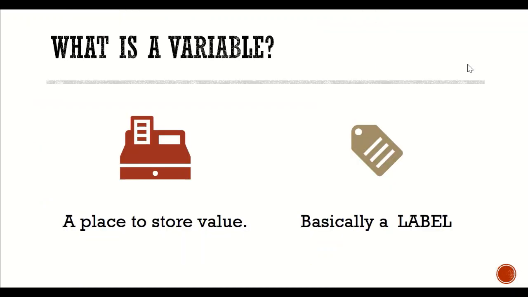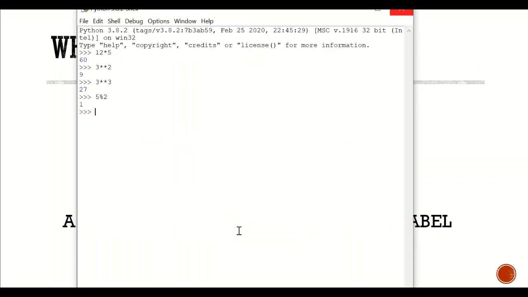Coming back to the variable. So what exactly is a variable? Now a variable is basically a place to store a certain value. It's a label to a value. So for example, if I want to assign a certain value such as 120 to a variable, I can do so in Python.